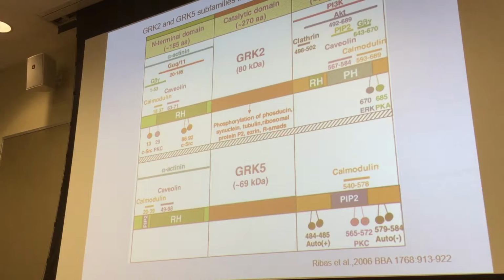Now we have another one, GERC5, and GERC5 you can see is also regulated by calmodulin, also can interact with the caveolin, which is the primary protein that can bind other proteins in the lipid rafts.